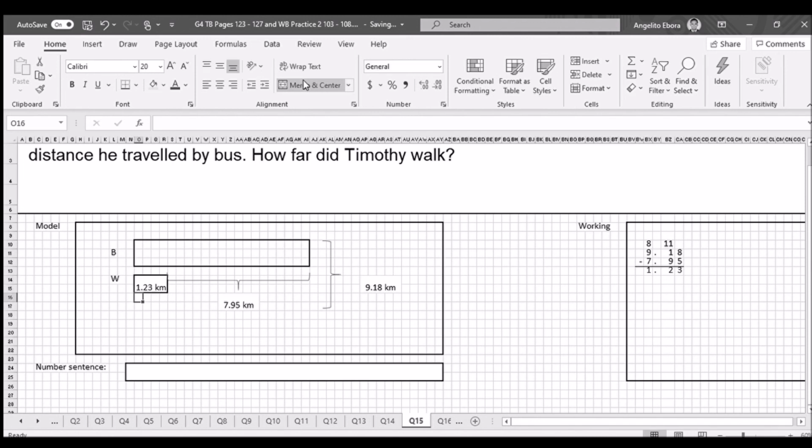Okay, so how far did Timothy walk? Okay, so it's not yet, oh, so 1.23, so that's the first.